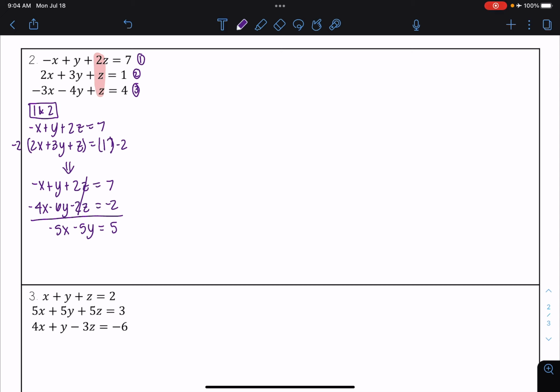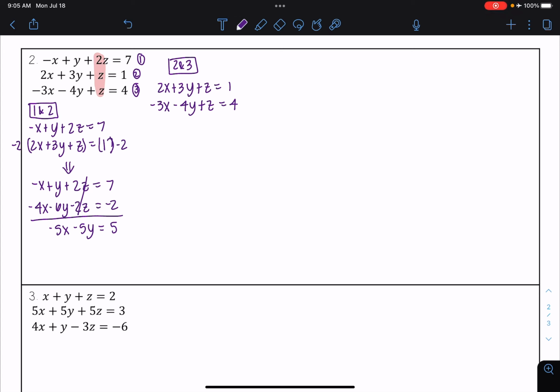Okay, now I'm going to go ahead and use equations 2 and 3. And remember, since I eliminated z in that first set of equations, I'm going to eliminate z again in this case, because I want to have the same two variables for my system.